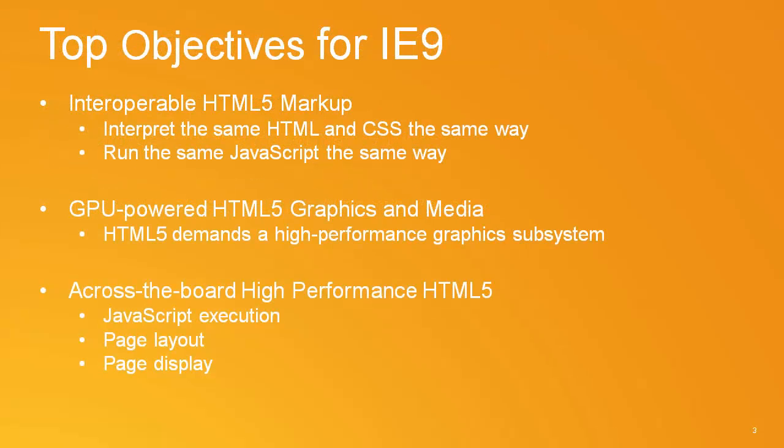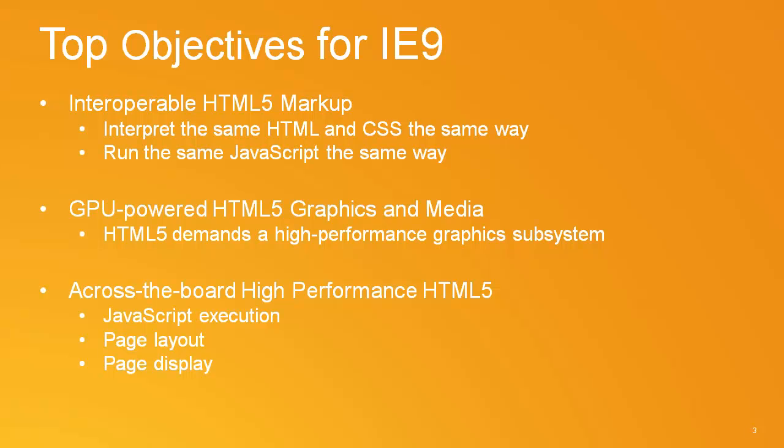So let's start. With Internet Explorer 9, the team at Microsoft focused on three big objectives. First one, making your HTML5 markup interoperable with other browsers. That means that the way Internet Explorer 9 interprets the HTML and the CSS will be the same way as most leading browsers do these days.